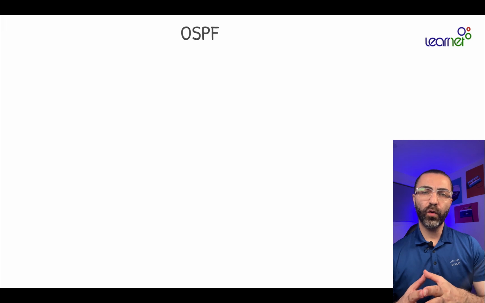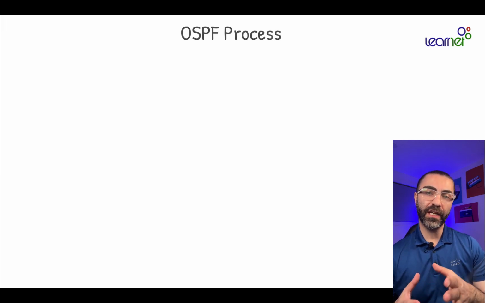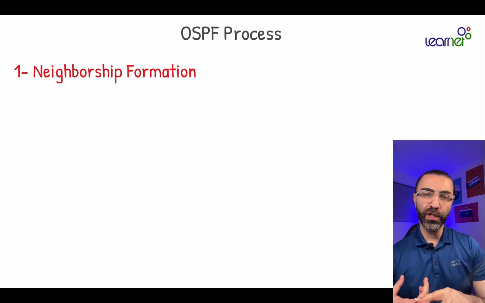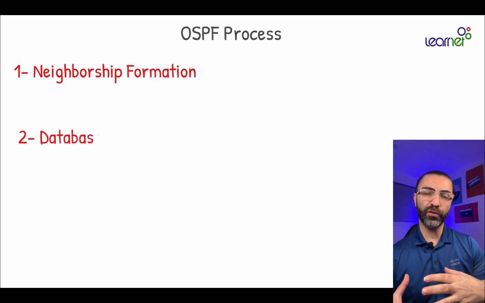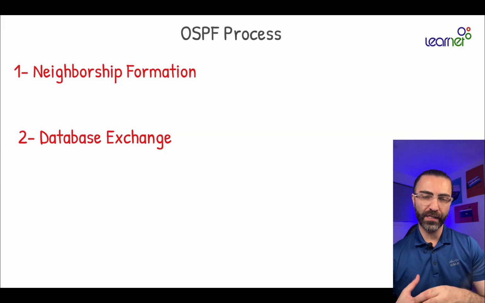When you configure OSPF for the first time, the OSPF process kicks in, and there are three main stages. The first one is forming neighborship with other routers that have OSPF configured as well. Once that neighborship is formed, the routers start to exchange their information, or exchange their database.